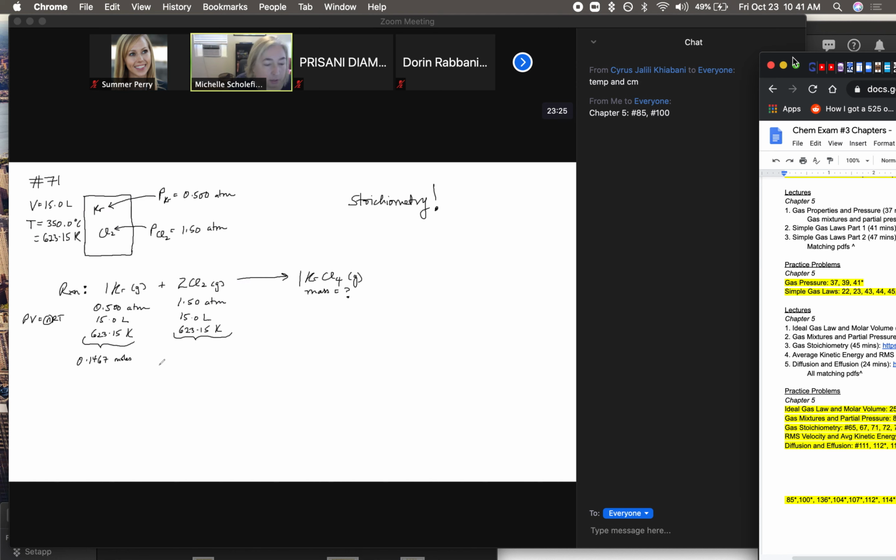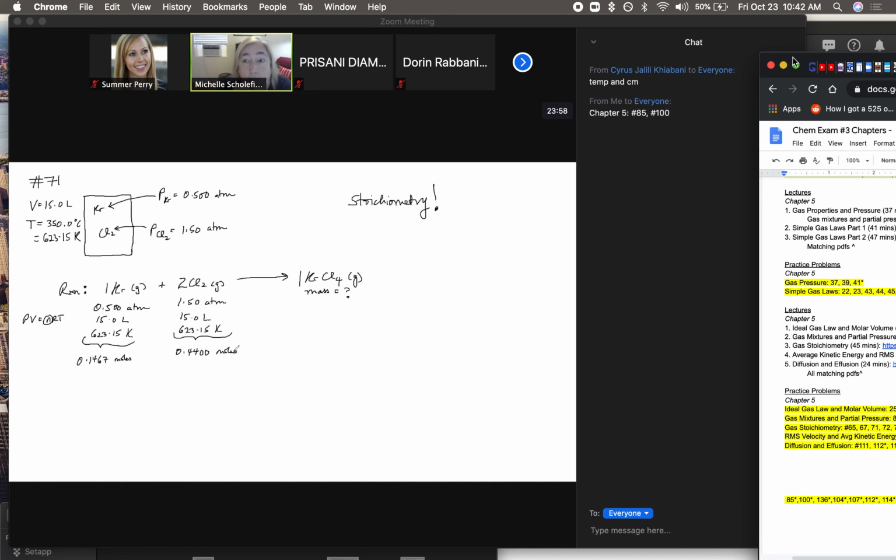And let's see, 1.5 times 15 divided by 623.15 divided by 0.08206 is 0.4400. So there's our first step. We figured out moles of krypton and moles of chlorine.